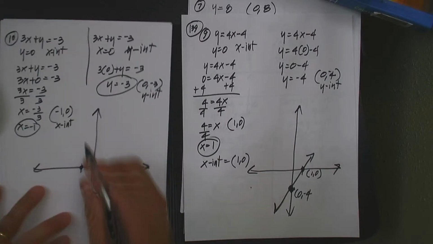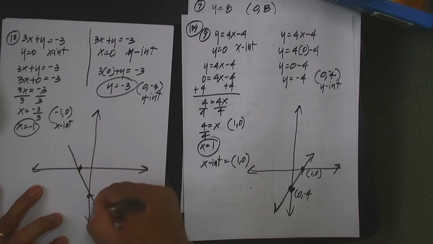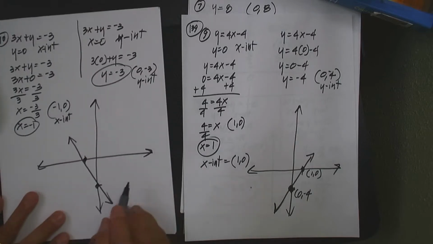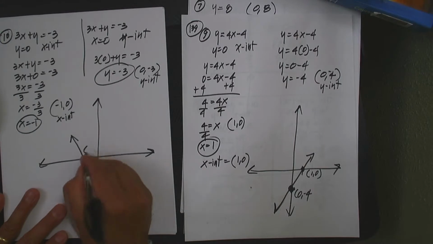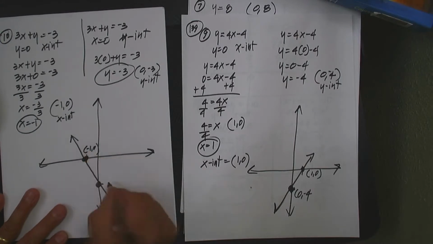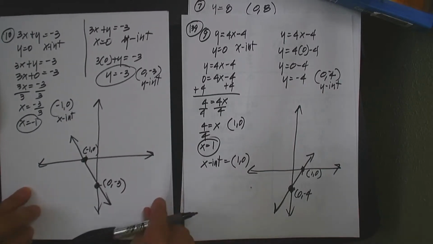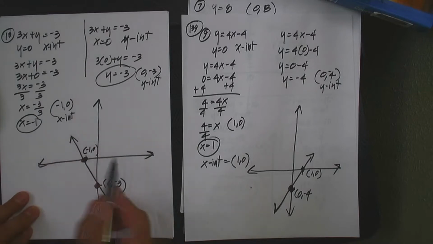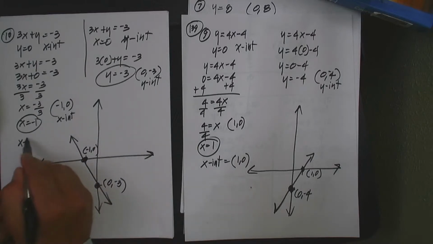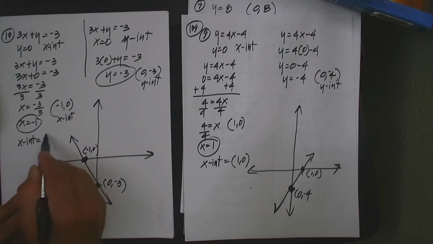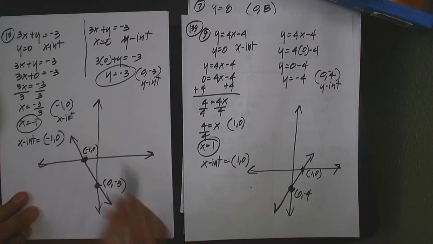When you graph that, there you go, that's the graph. They're asking you, what is your x-intercept? Your x-intercept is negative 1 and 0.